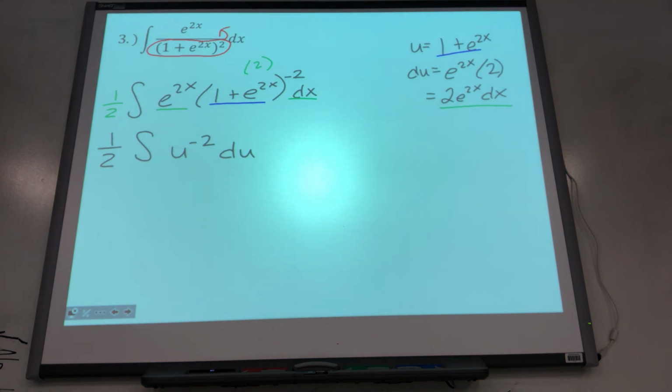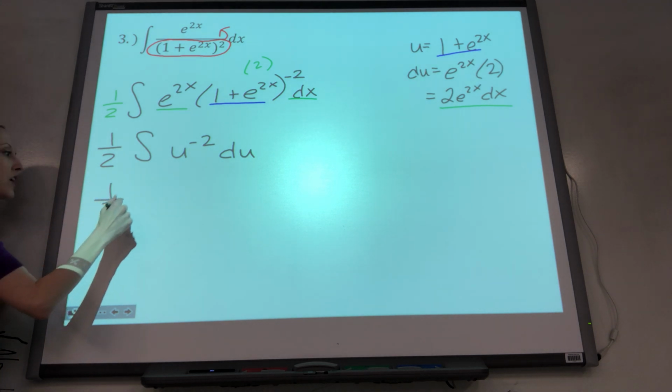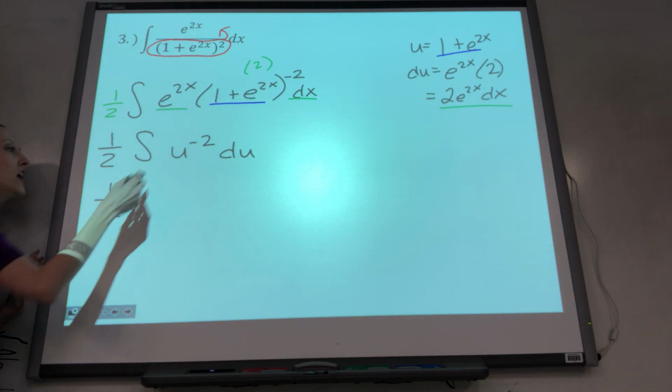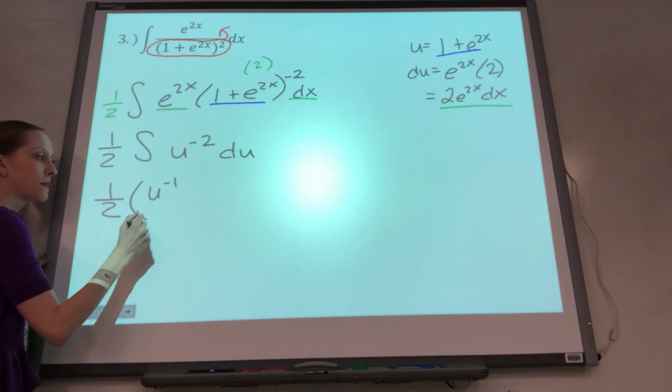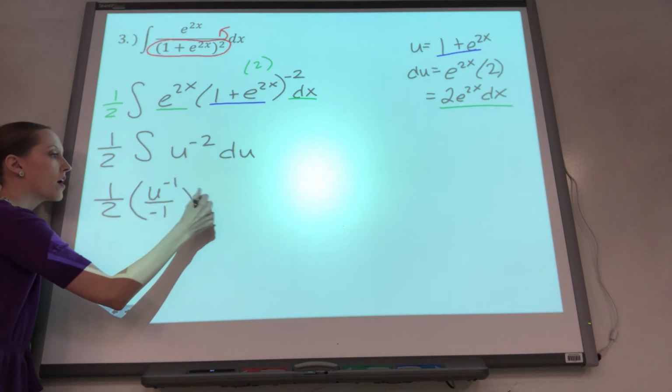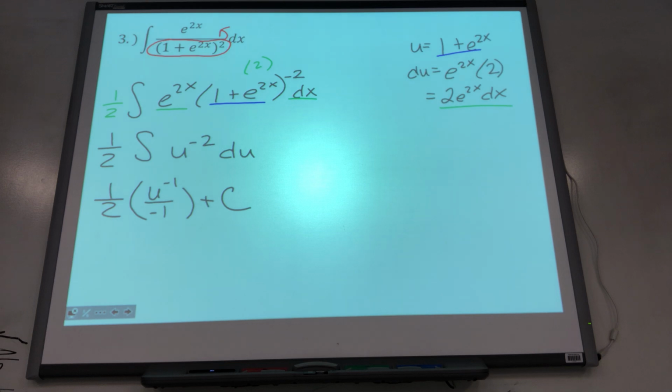And when you integrate this, you're not even going to be using the integrals that I gave you earlier. This just goes back to the power rule for integration. We're going to add 1 to our power and put our new power on bottom.